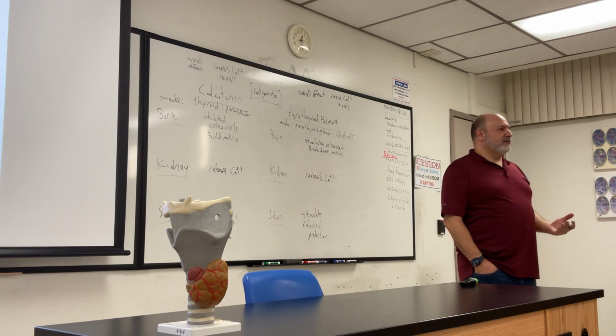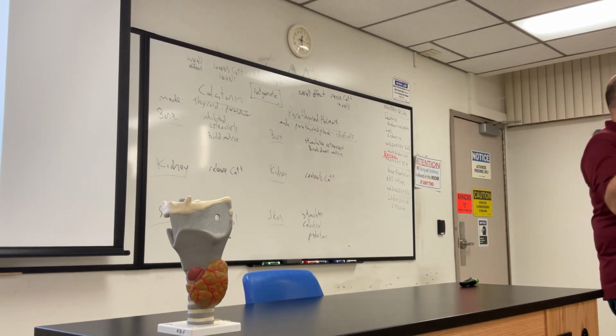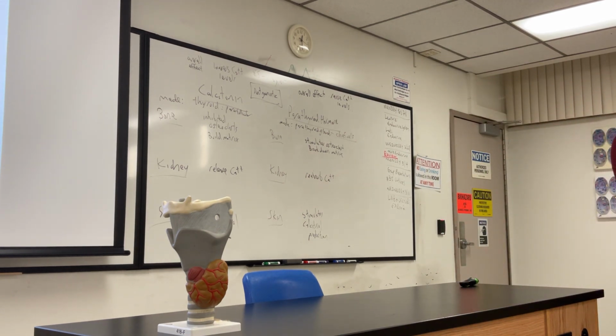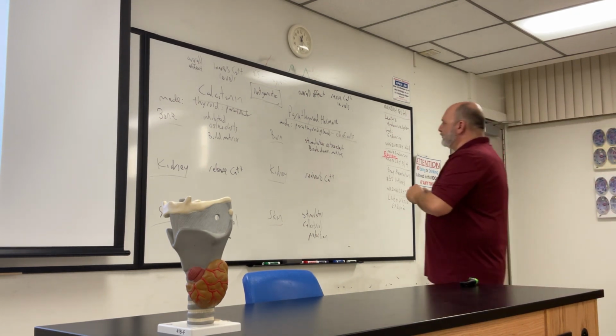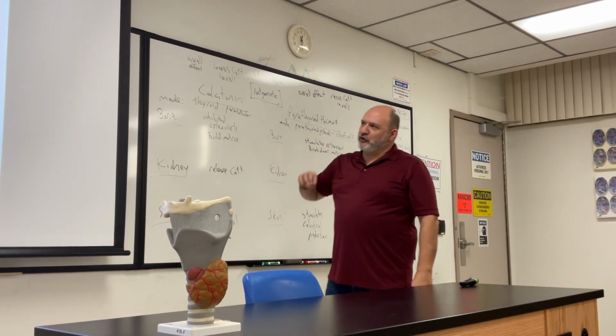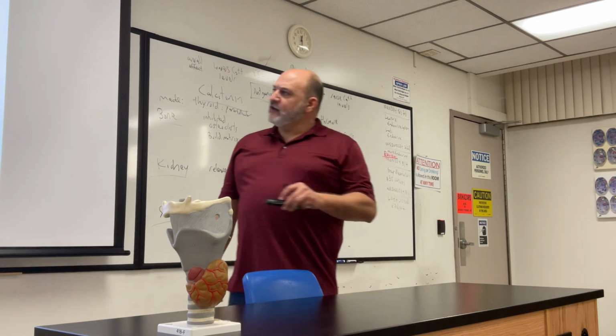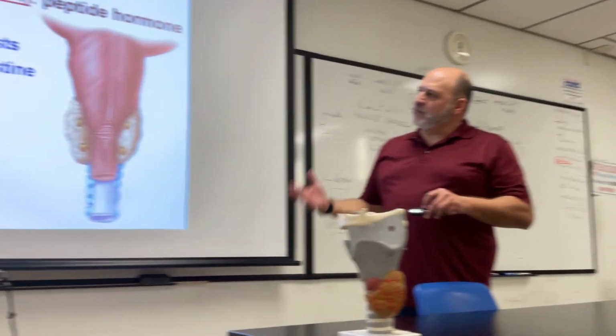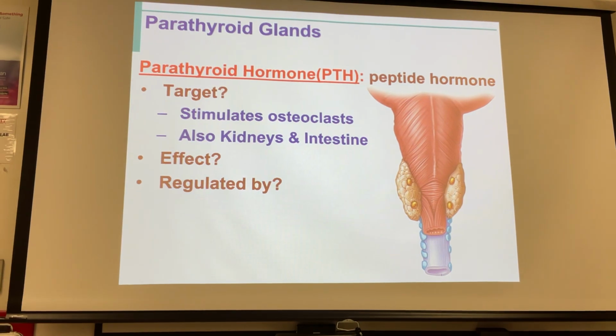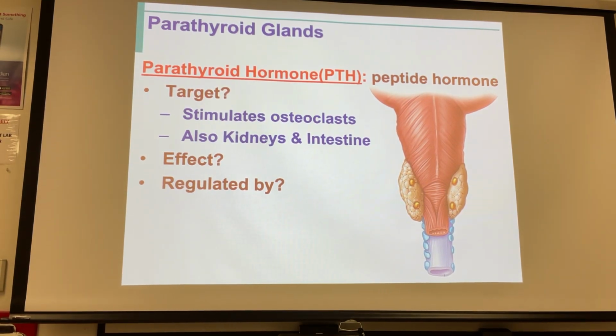Is that a huge range? No, it is an incredibly narrow range, which should show you how important maintaining appropriate calcium levels are. So we have the exact same targets, but the opposite effects.